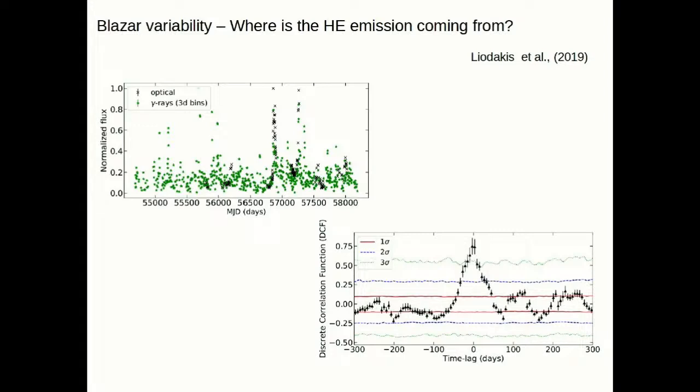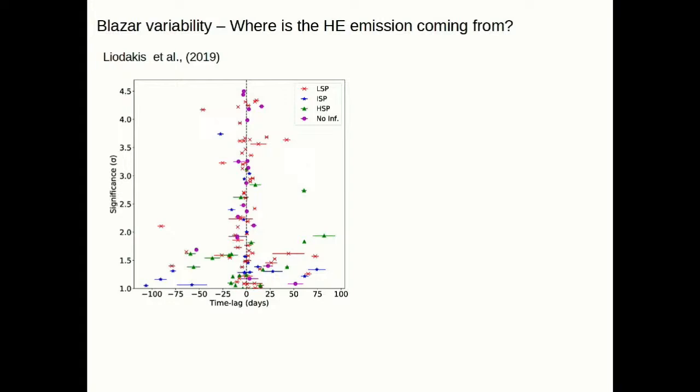But if you do the cross correlation analysis, the discrete correlation function, you see that there is a very clear peak at a time lag of about 0, which means that basically optical and gamma rays vary in tandem. If you then do this exercise for a few tens of sources, you will see that there is, in fact, a very strong trend in the population for time lags about 0, which is what you see here. So this is also telling us that we're most likely looking at inverse Compton scattering on electrons.